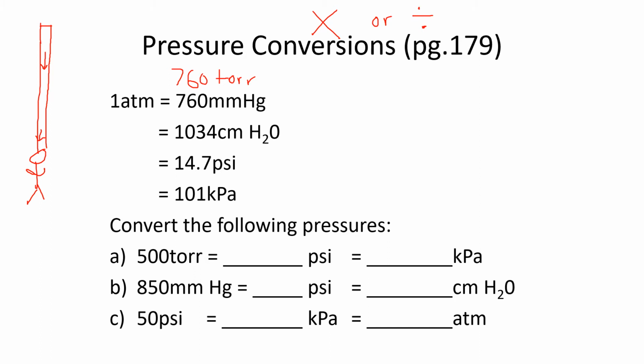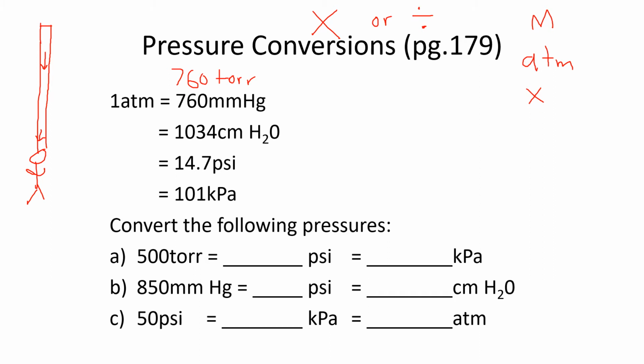Torr to PSI. So one trick that you can do is use the memory key on your calculator, convert everything to ATMs, and from there all you have to do is multiply by the conversion factor. So let's set it up.